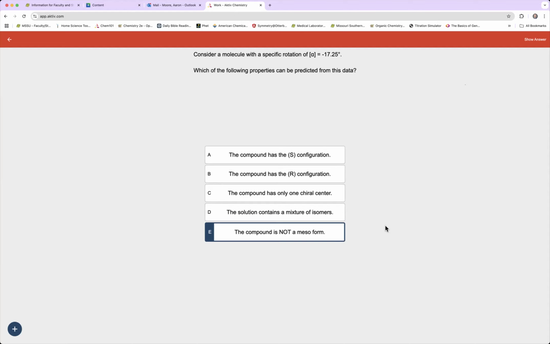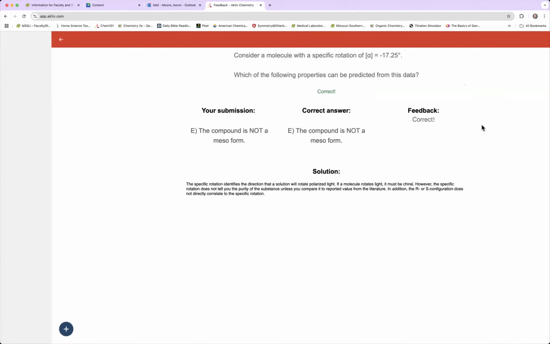If you think about the mesoform of tartaric acid, where there's a plane of symmetry that cuts the molecule in half, that had an optical activity of 0. That's just one of the characteristics of meso compounds. So I know that because this is a non-zero number, it can't be the mesoform. That's why I would choose E.